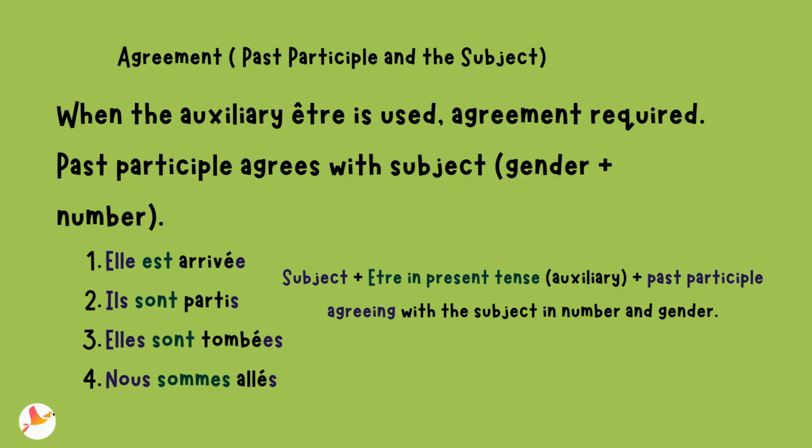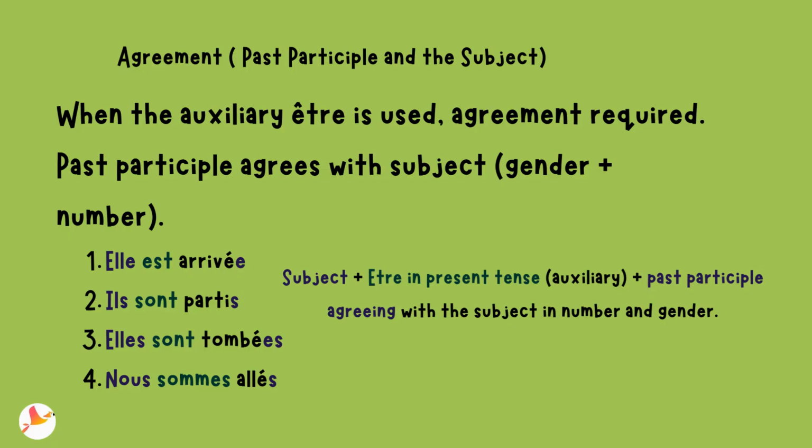Now, since that is the case, the subject and past participle must have agreement in number and gender. So, the subject is masculine and plural. So we know that past participles are in the masculine form naturally. And so the only thing that needs to be added is the S for plurality agreement.